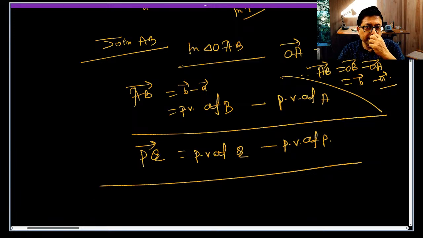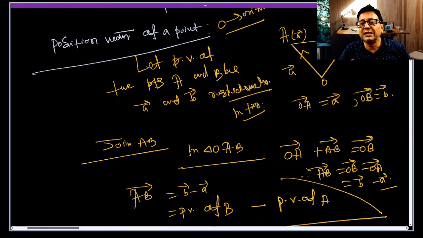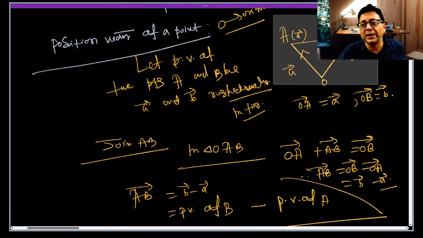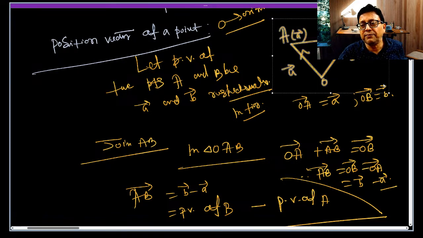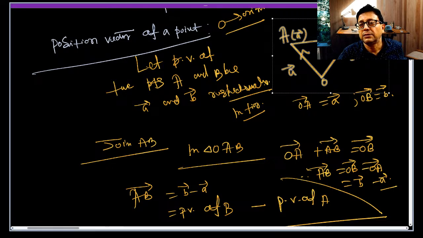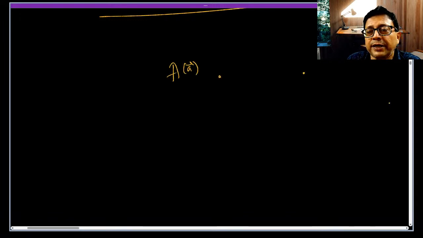Now on this line, if there is a point which divides the line segment joining these two in the ratio m is to n, we are going to find the coordinates of that point. This will be referred to as the section formula. This point A is there with position vector a, B is there with position vector b.